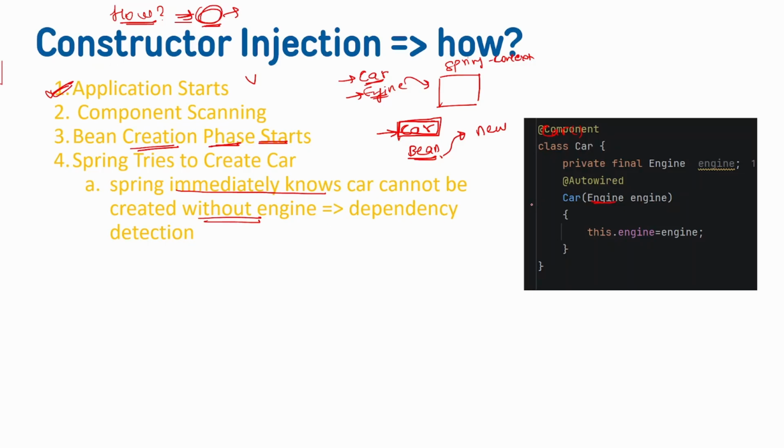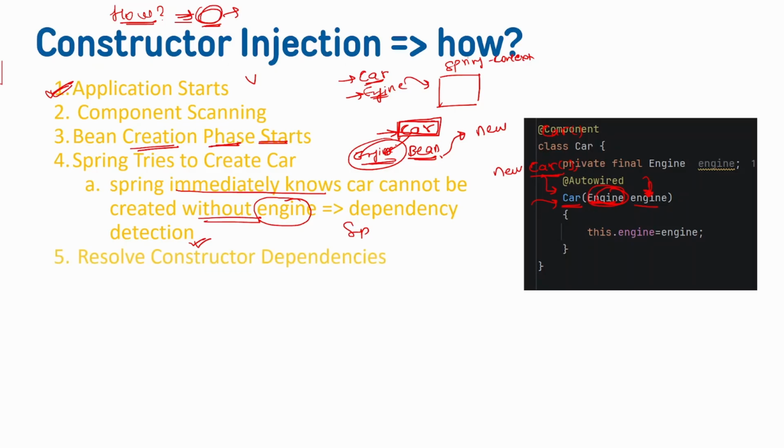Why? Because any object is created with the help of a constructor when we call new. When it sees the constructor, it notes that there is a parameter Engine, which should be provided and cannot be null. So this is the dependency detection phase. Spring identified that Car is dependent on Engine.